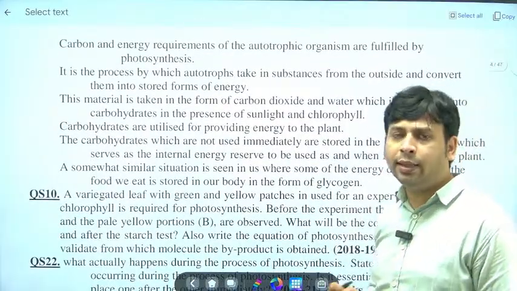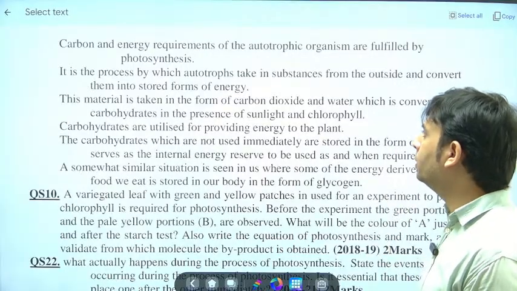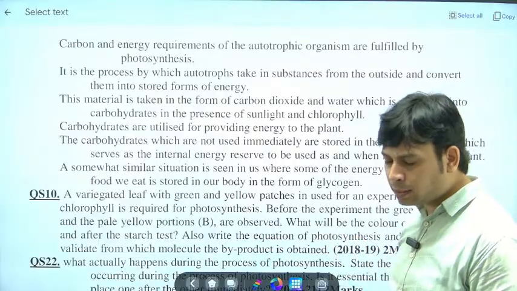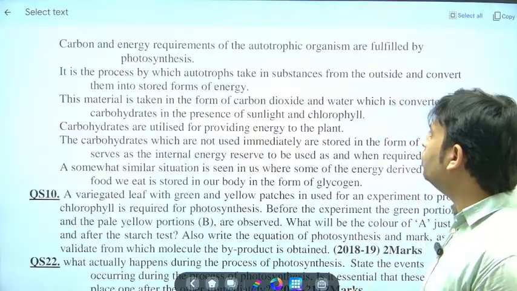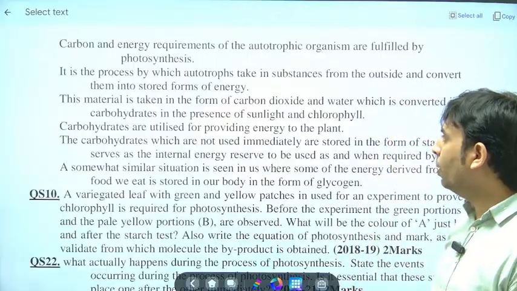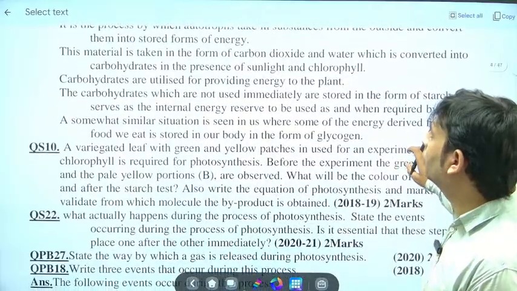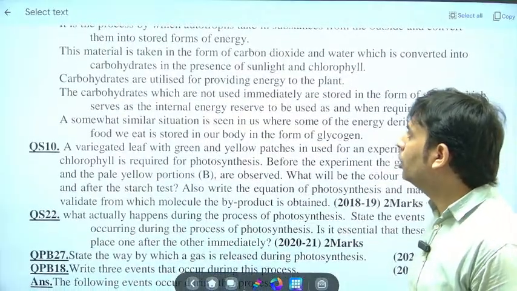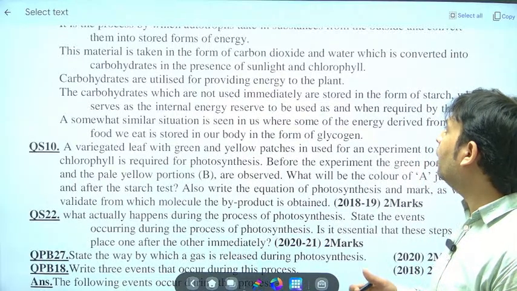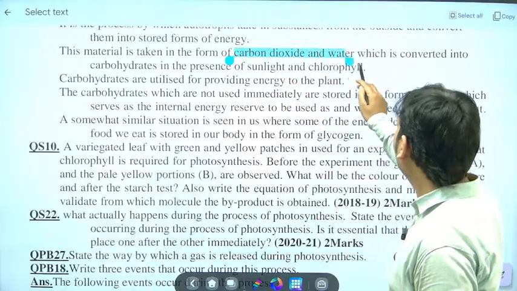So the carbon energy requirement of the plant is fulfilled by photosynthesis. It is the process by which autotrophs take substances from the outside and convert them into a stored form of energy. The materials taken are carbon dioxide and water.